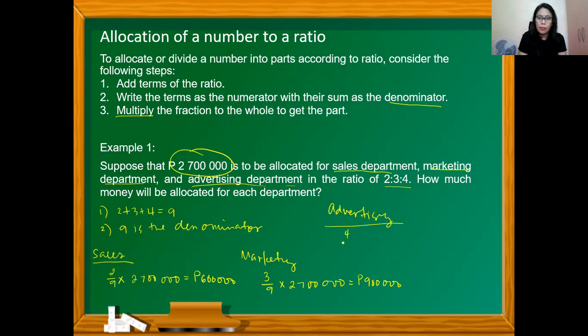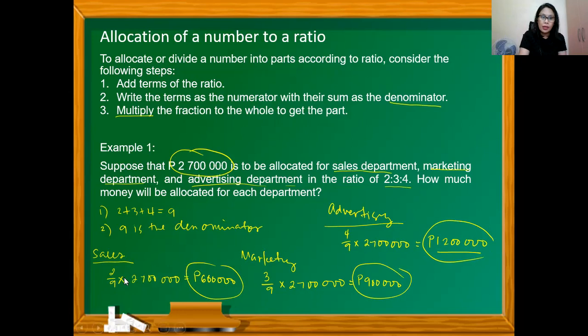So this is 4/9 multiplied to the whole, which is 2,700,000. And we will allocate 1,200,000 for advertising. Meaning, if you get the sum of the three allocations, this would equal the total amount, 2,700,000.